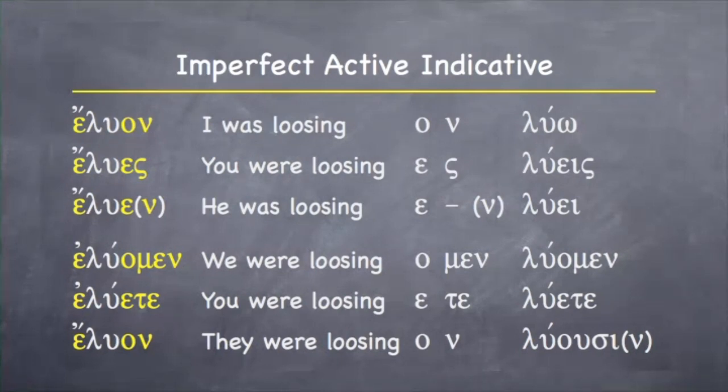Now you notice the first person singular and the third person plural are identical. Now you may think, oh, that's going to be so confusing, but actually, in context, it's not confusing at all. I don't know the numbers, but my guess is there's a lot more third person plurals than there are first person singulars in the imperfect. But all that you really have to do is what you're doing all along, and that is, when you have a verb, you look at its personal ending and you double check it against the subject, right?